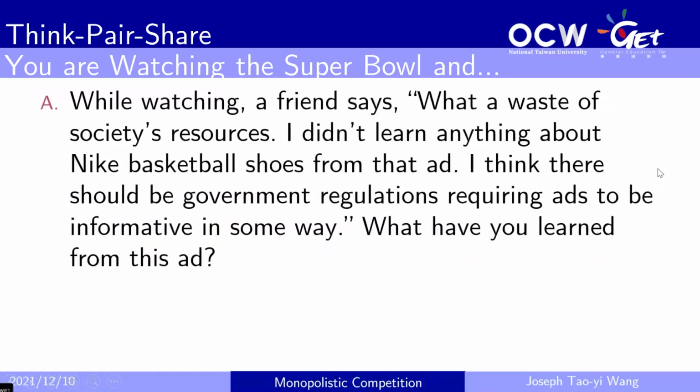So question. Your friend says, hey, what a waste of society's resources. I didn't learn anything about Nike basketball shoes from that advertisement. I think there should be governmental regulations requiring advertisements to be informative in some way. So the question is, what have you learned from this Nike advertisement?